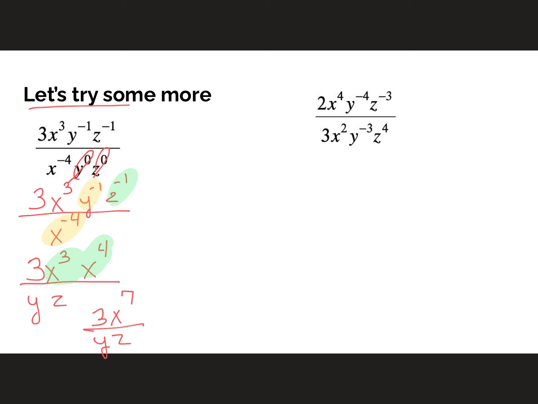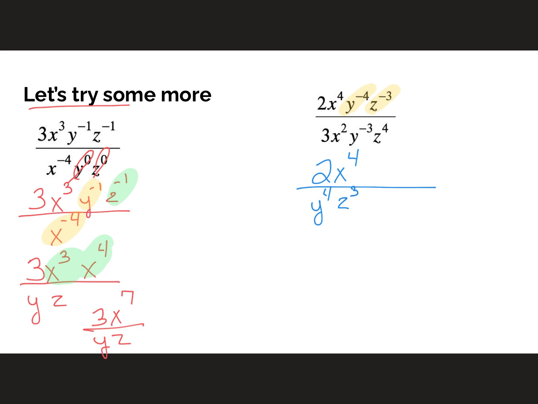So first thing I'm going to do with this problem on the right is rewrite it so that anything that's a negative moves to the bottom or top depending on where it's at. So I have 2x to the 4th. This y to the negative 4th goes to the bottom, so that becomes y to the 4th down here. The z to the negative 3rd moves to the bottom, so that becomes z to the 3rd.